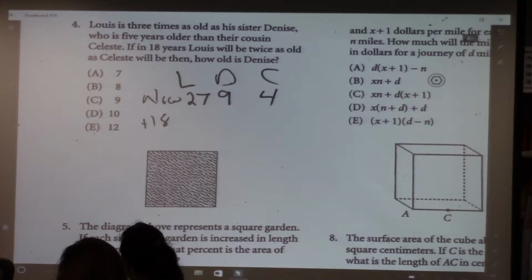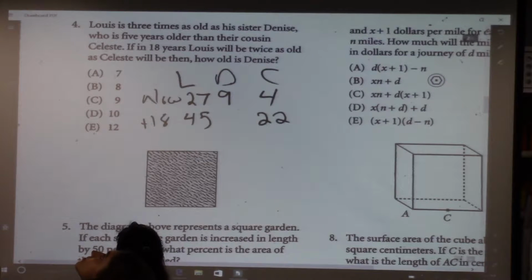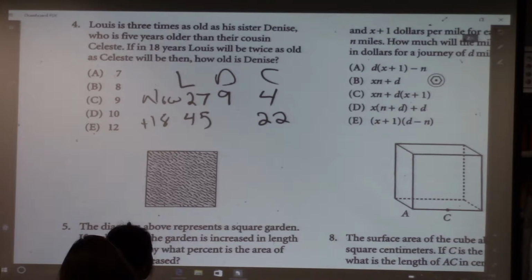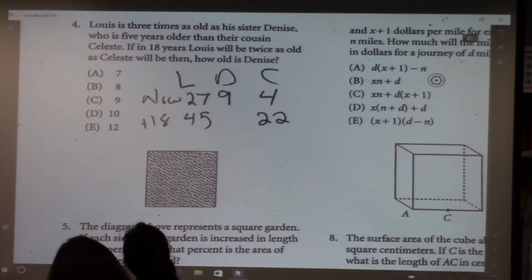So in 18 years, how old will Lewis be? 45, good job. And then Celeste will be 22. It says Lewis should be twice as old as Celeste. Is that true? Is that what our numbers did? No. So that means we picked the wrong answer.